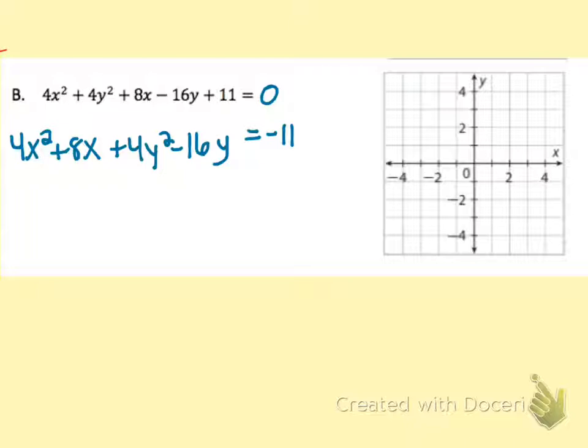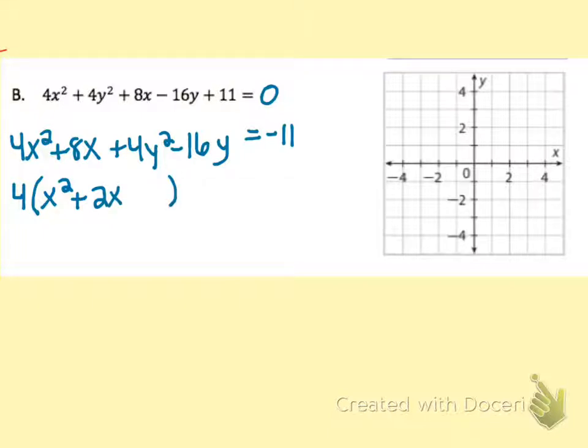So if you look at these terms here, every single one of these terms is divisible by 4. Now the negative 11 isn't, so we're going to hold off on doing that, but we could factor a 4 out of each one of these things. So I could take a 4 out of the 4x squared and the 8x, and that would make x squared plus 2x.